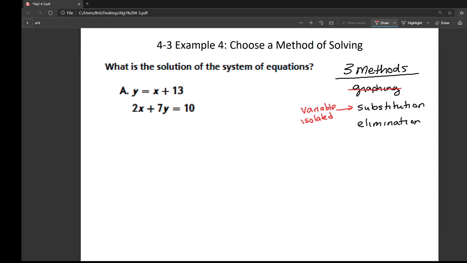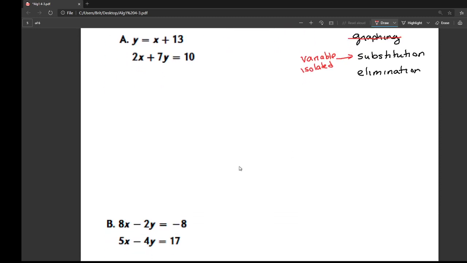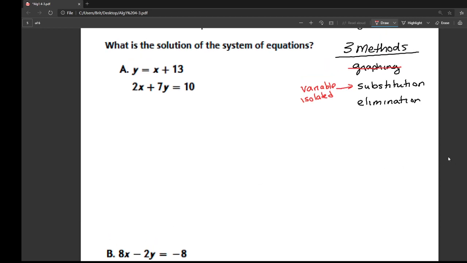Now for elimination, you're usually looking to see if the coefficients are matching, or if it's easy to multiply one of the equations in order to get matching coefficients. Alright? So matching coefficients or easy to multiply to make them match.